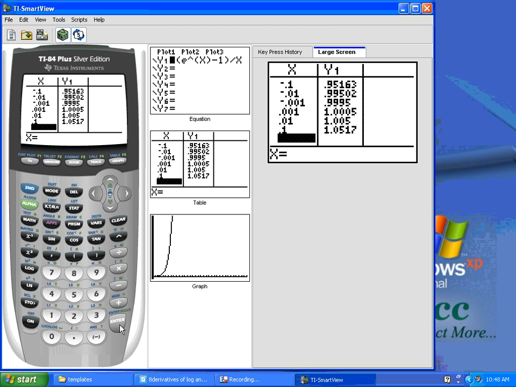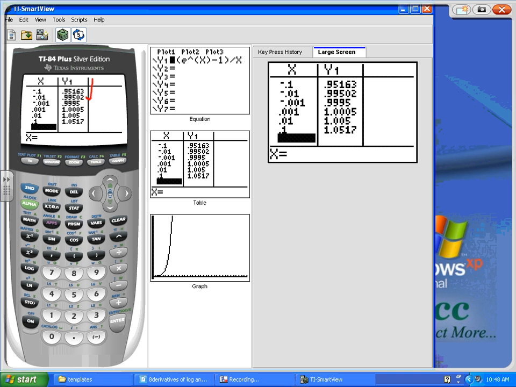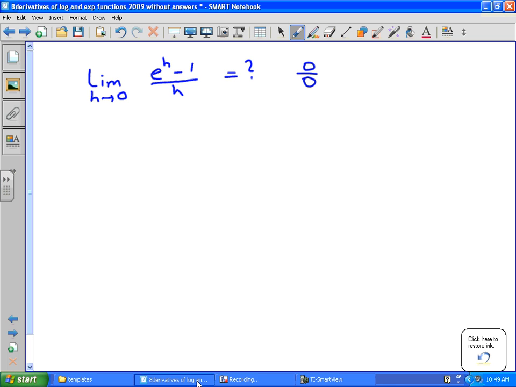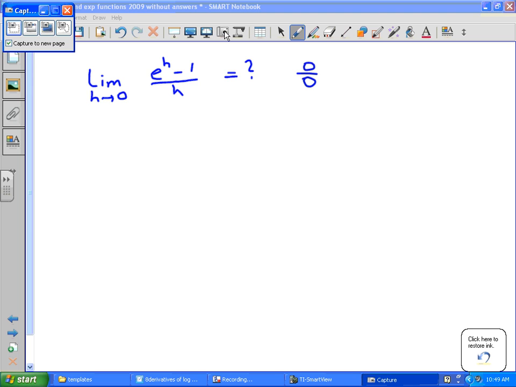Approaching from either direction, where do the y values appear to be approaching? They appear to be approaching 1. Put in exactly 0, you're going to get an error. It's not defined at 0, but as you approach 0, the limit exists, and that limit is exactly 1. So that's what we obtain from this screen. I'm going to copy that over.